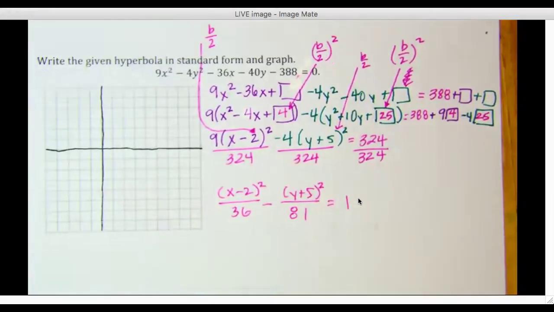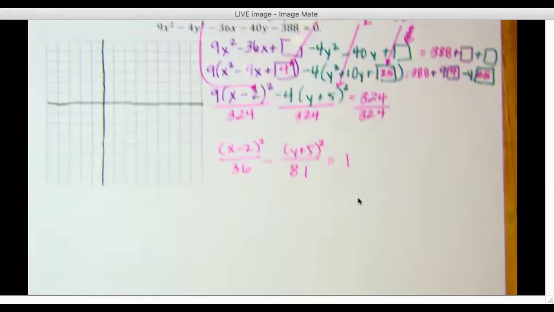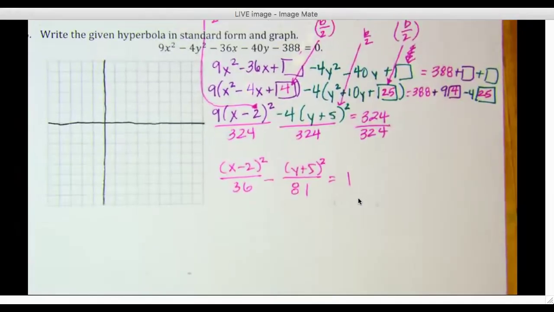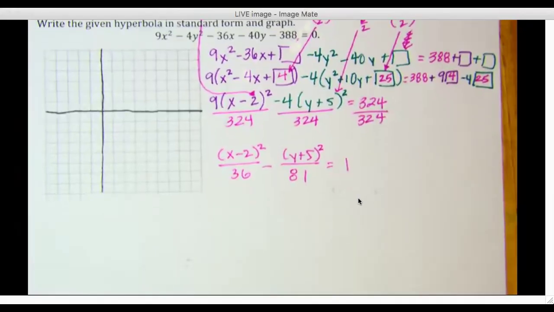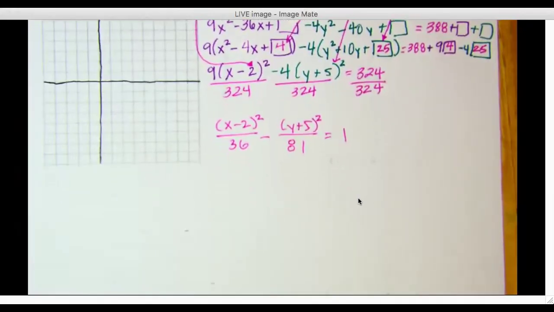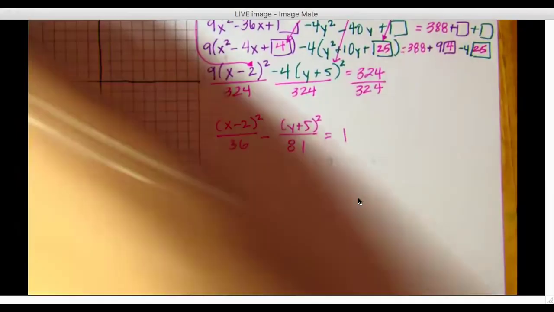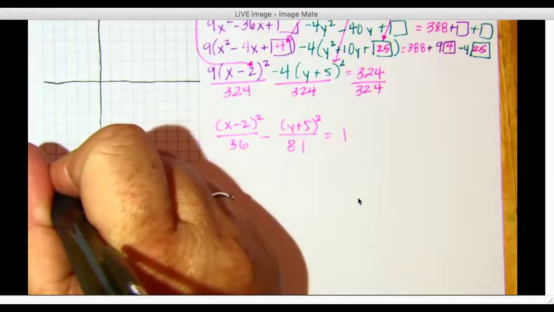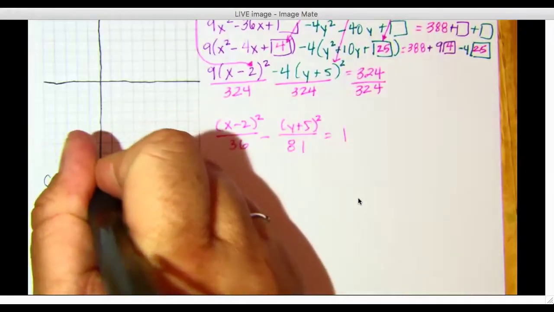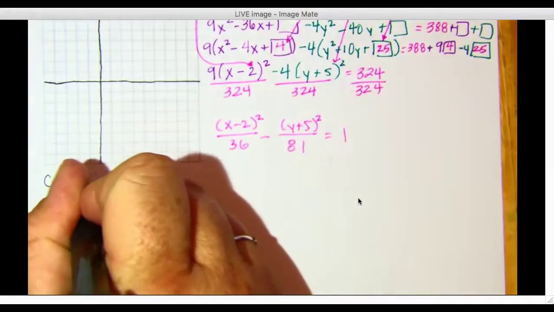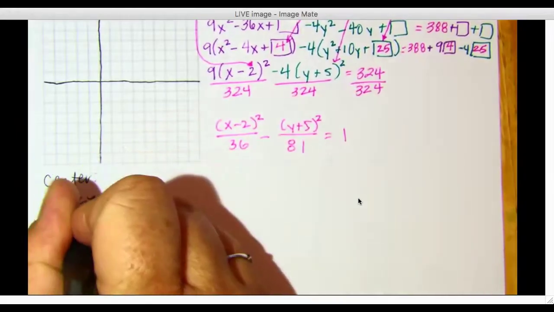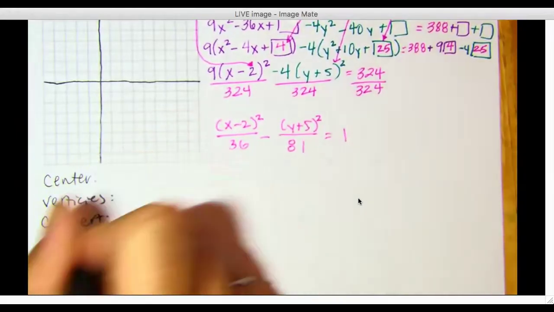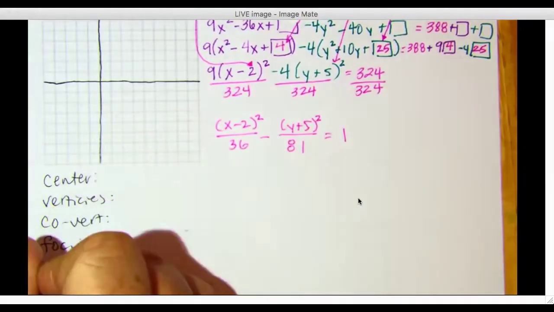And now we have our equation in standard form. Now it's much easier for us to answer all the pieces of information that we want to find and go ahead and graph. Just so we get some practice with it, I am going to find all those same pieces I did with the previous example. So I'm going to list all of those out here. I want to find the center, the vertices, the co-vertices, the foci, and then the asymptotes.